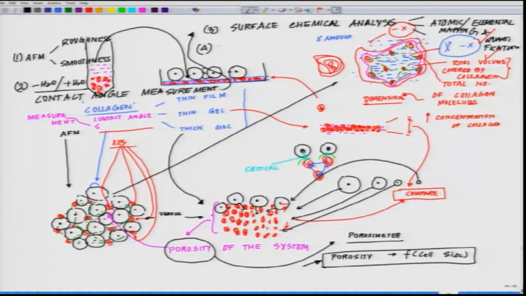Then you can go for, if it is a gel or if it is a 3D material what you are handling, you can go for porosimetry. So, you see, at your disposal you have so many different techniques and you can vary the porosity depending on which cell type you wanted to deal with.